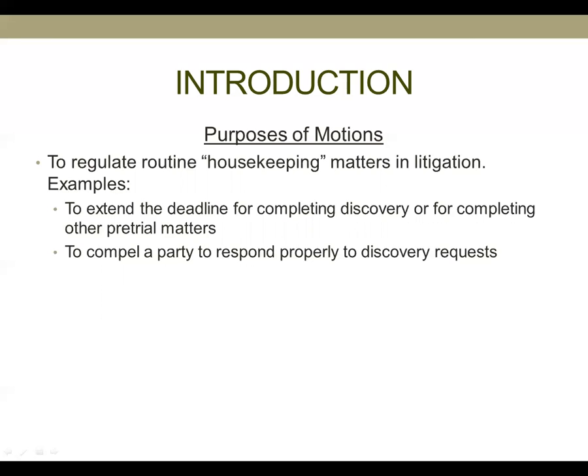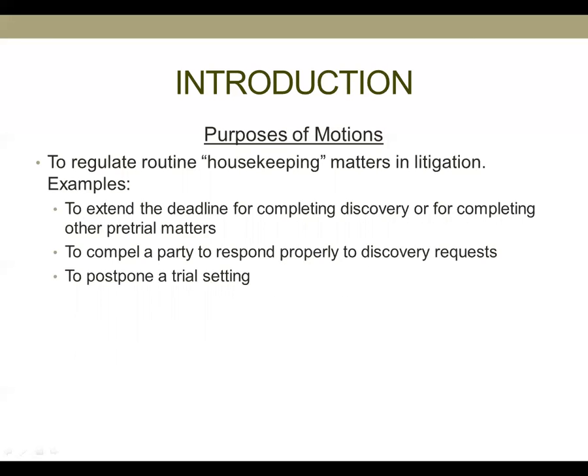One very common type of motion has to do with discovery. If one party sends a discovery request, such as interrogatories or a request for production of documents to another party, and the other party either does not respond at all or sends back unmeritorious objections, then the requesting party may file a motion to compel the responding party to respond properly to those requests.